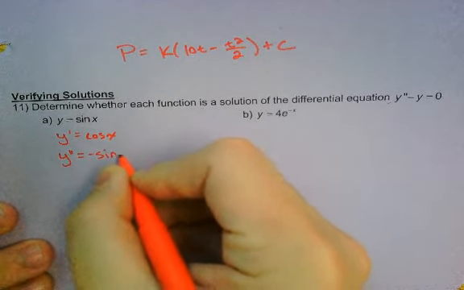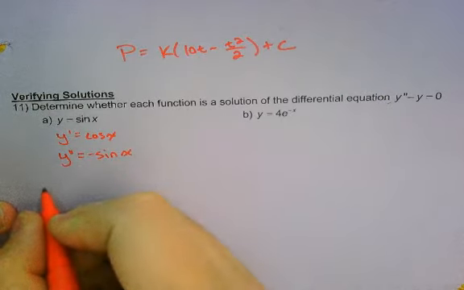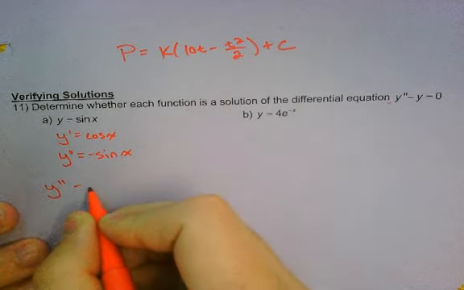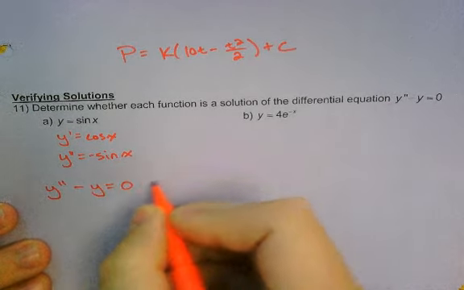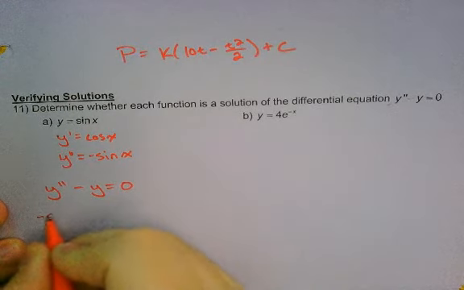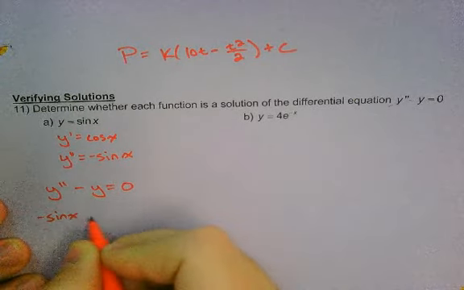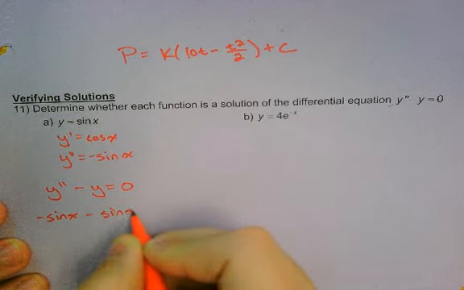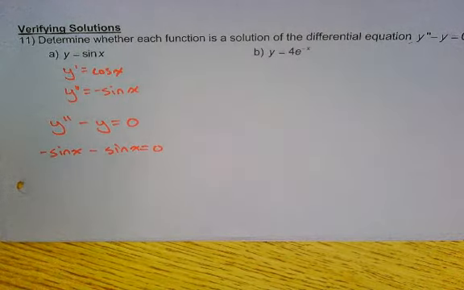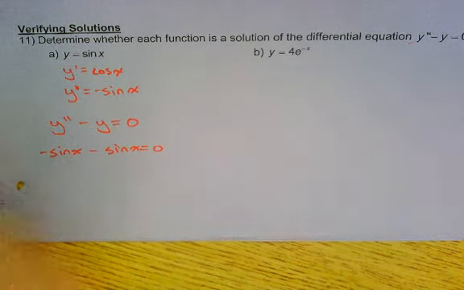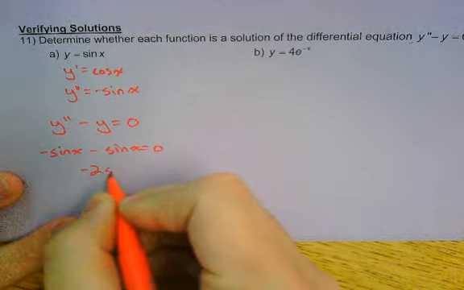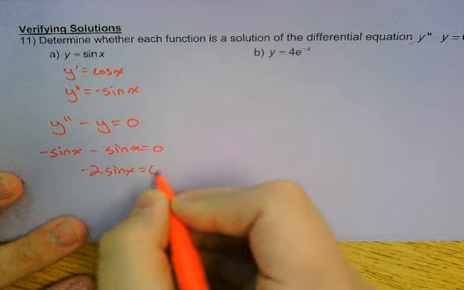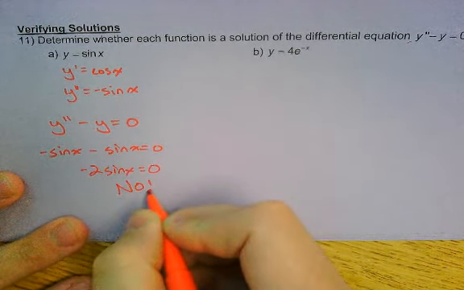Well, negative sine x minus sine x equals 0. Is that true? Who knows? So you get negative 2 sine of x equals 0, so no! Does not work. It must be. I'm going to bold my exclamation point a little bit.